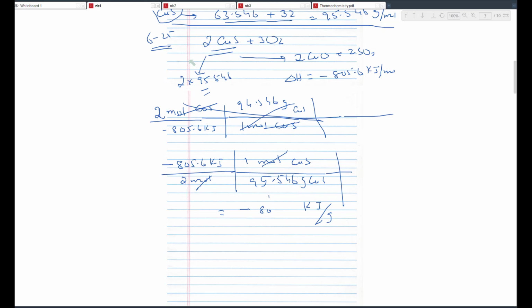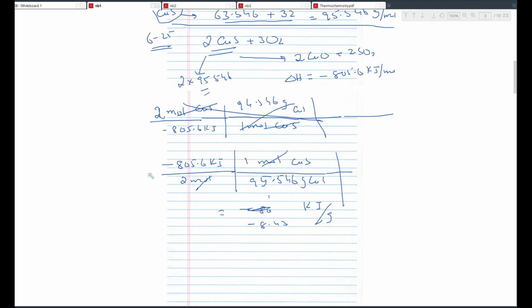I am getting minus 8.43 kilojoules per gram. But the answer in your book, why is it minus 805? Oh, that's not the answer, sorry. That's the delta H value.